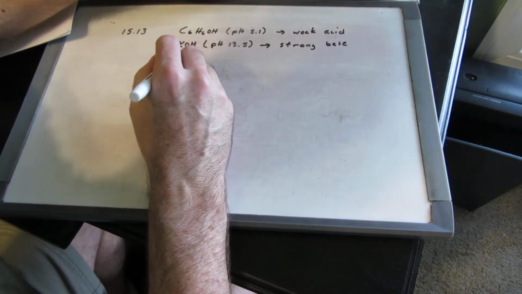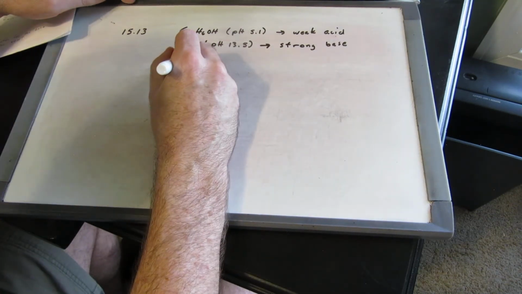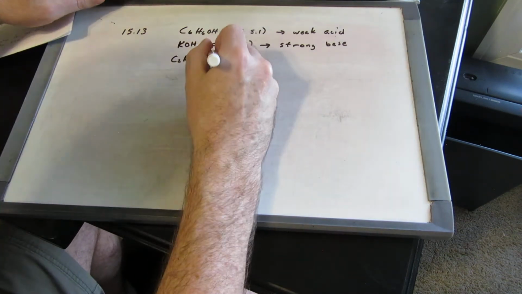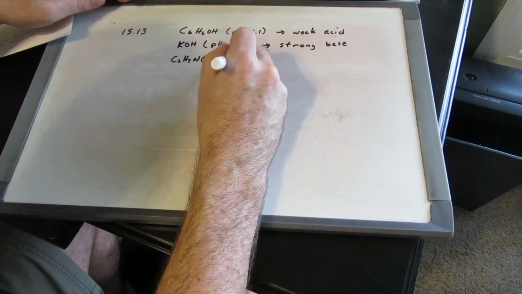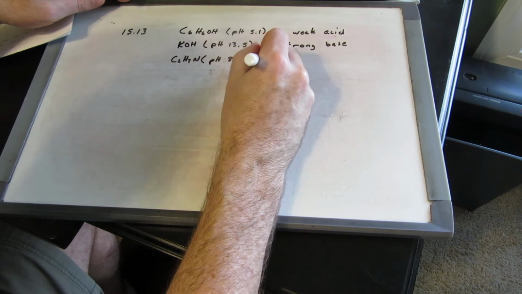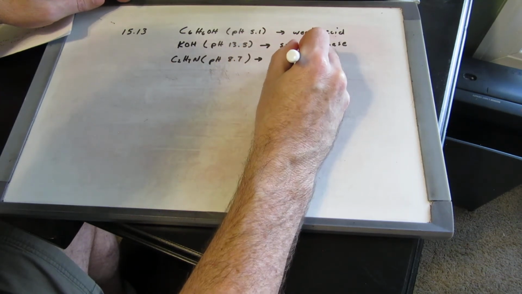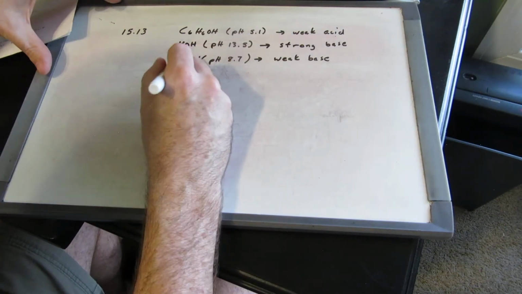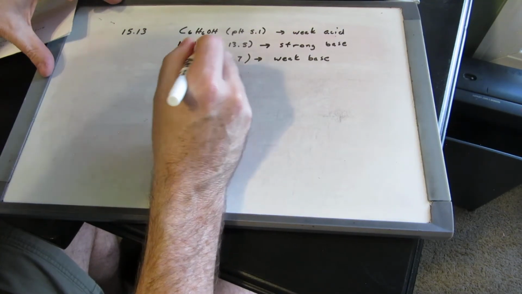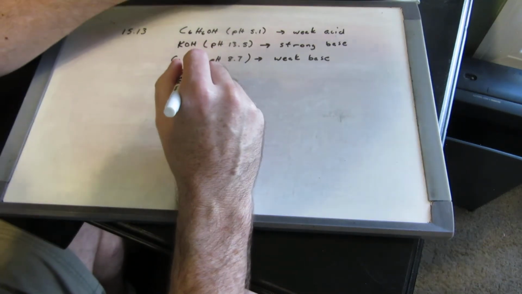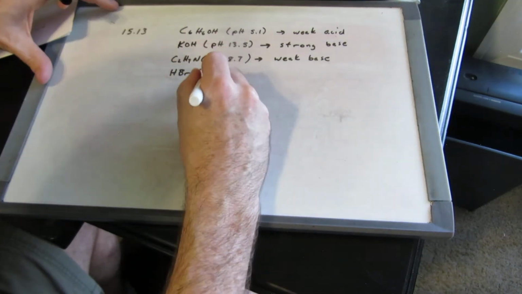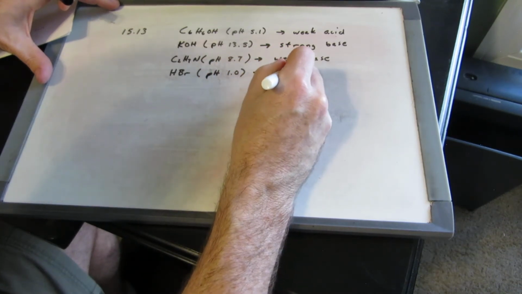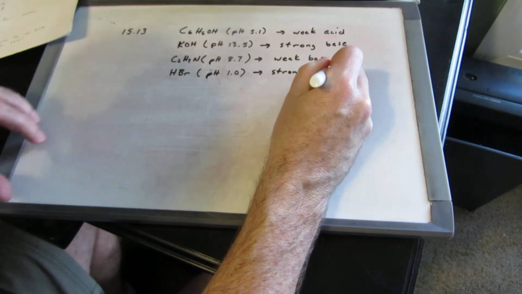C2H7N has a pH of 8.7. That is going to be a weak base. And HBr, you might remember that one you had to memorize in chapter 10. That's hydrobromic acid. That has a pH of 1. So that will be a strong acid.